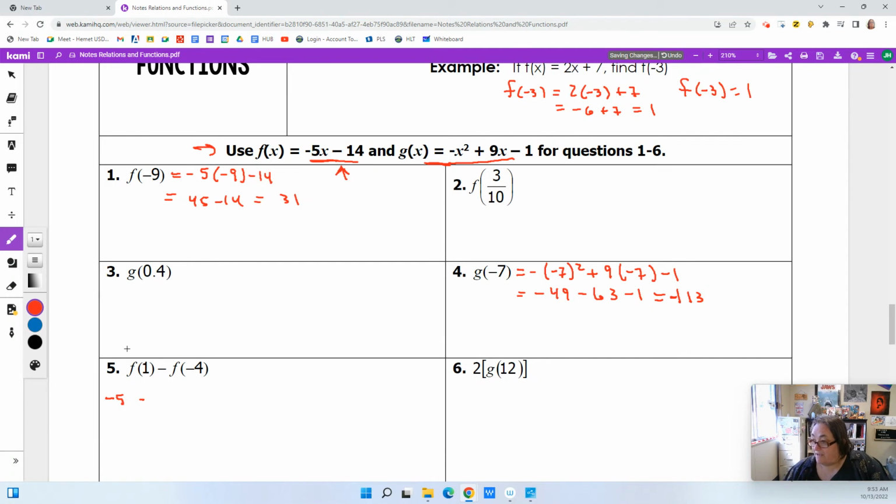I'm going to take the f of x problem first, and I'm going to go minus 5 times 1 minus 14, minus, and I'm going to do the same thing in a quantity, so I make sure to minus the whole thing, minus 5 times negative 4 minus 14.